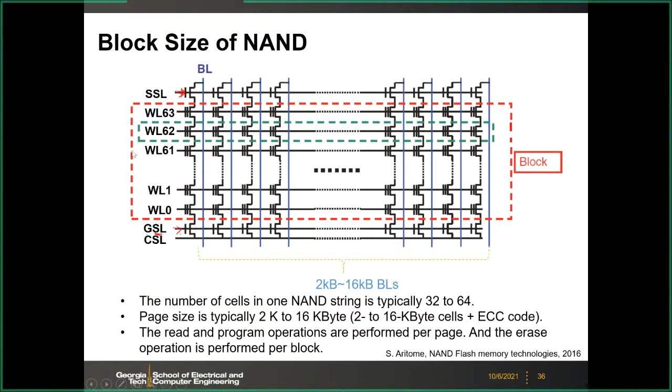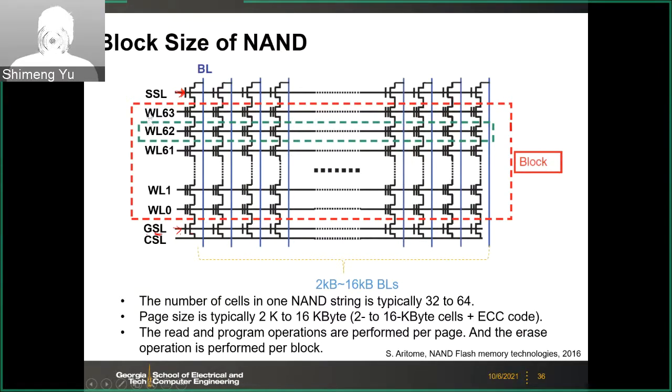And here you have the block, as we discussed, 64 word lines. And then you have a very large number of bit lines. You can be at like 2K bytes. 2K bytes actually is 16 kilobits. So this is the previous example on the previous page.